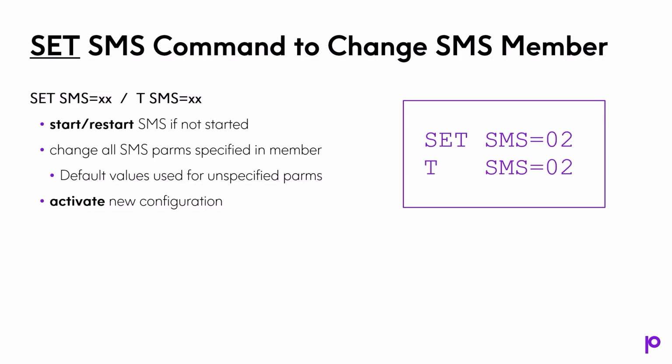And so if we want to activate a new SMS member, a new IGDSMS 00 or 01 or 02 member, then we can use a SET command, which is abbreviated with a T, to start SMS if for some reason it's not started, although normally it always is, and to change all of the SMS parameters that are specified in that member. If there aren't any parameters specified, or if there are some parameters missing, then of course the defaults get used.